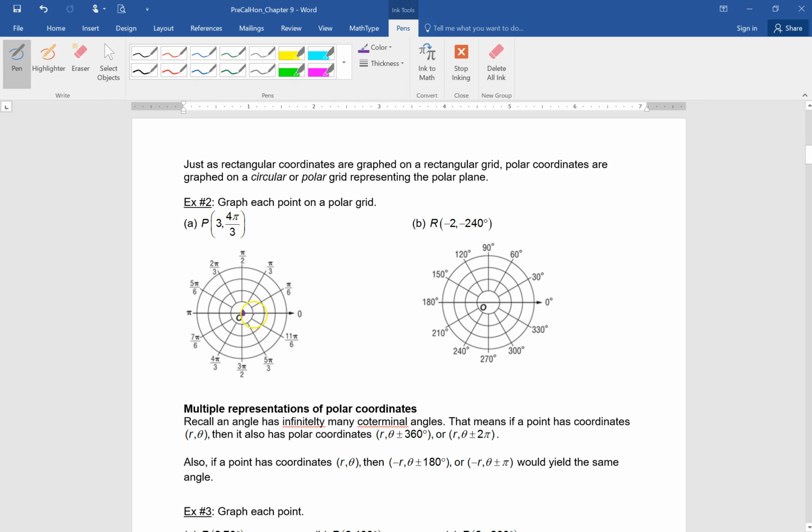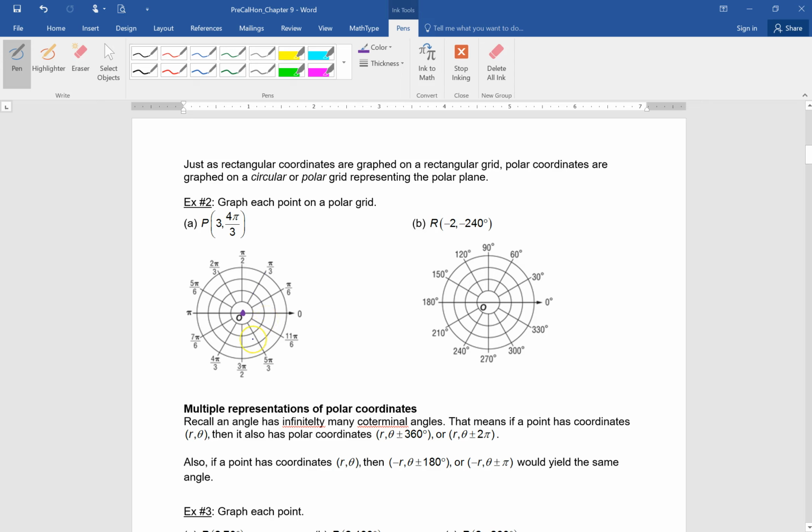So suppose you're here, this is 1 centimeter, 2 centimeters, 3, 4. Now if you go in this direction, it's 1, 2, 3, 4. Again, this is the polar axis. If you go counterclockwise, you progress through the angles: pi over 6, pi over 3, pi over 2, and so on and so forth.